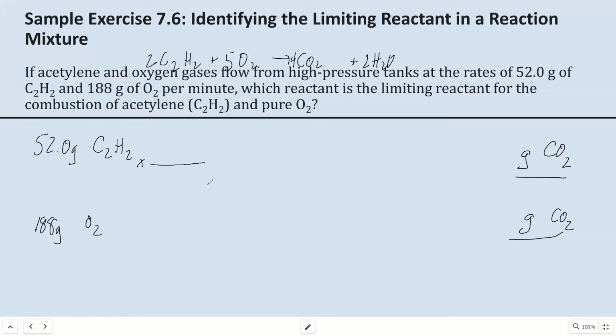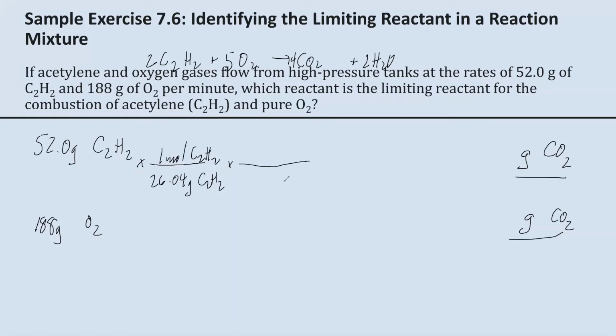So start with the acetylene, 12.01 for carbon times 2 plus 2 times 1.01 for hydrogen is 26.04 grams of acetylene in the 1 mole.